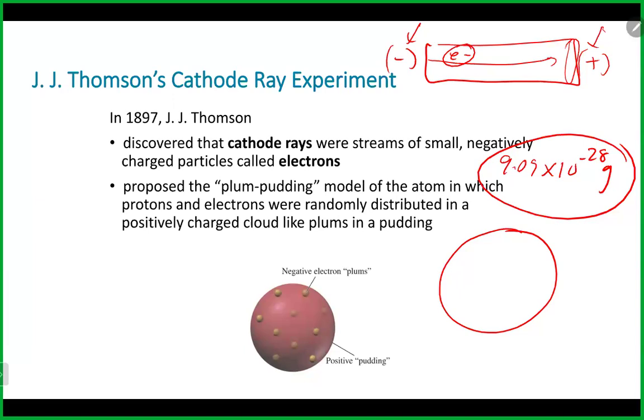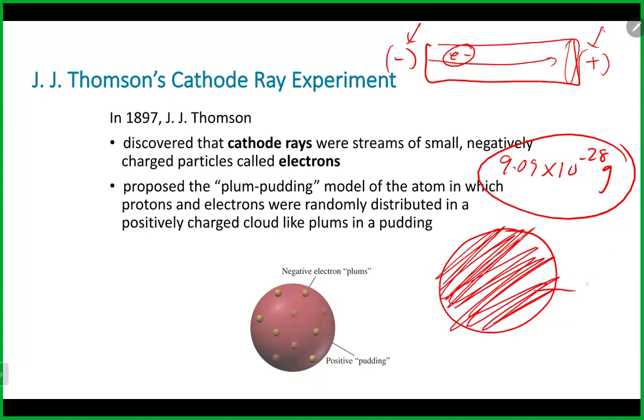If you're neutral, all your positives and all your negatives equal zero. So the idea was that the atom is a sphere, and within the sphere is all this positive charge spread out all over.